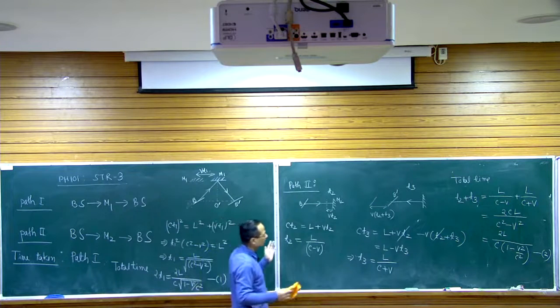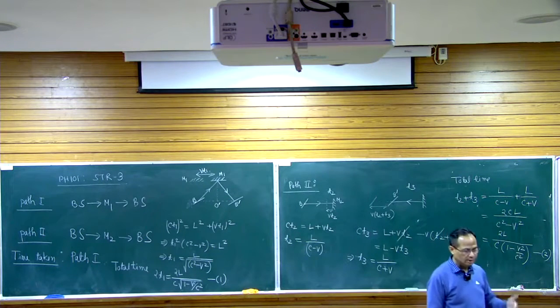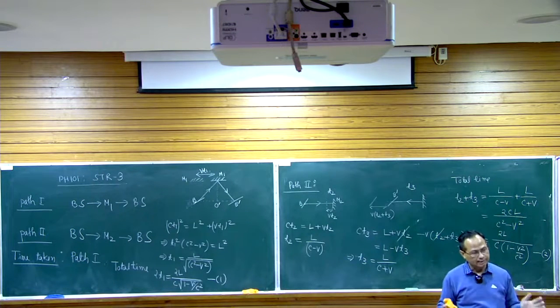And this time difference appears with the assumption that light travels with the velocity c in the frame S, and S is the ether frame.